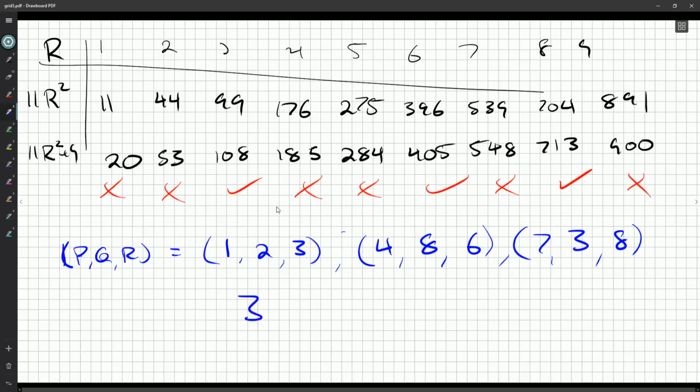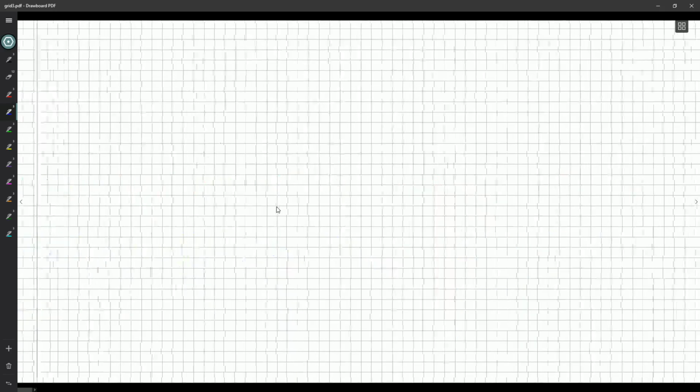Okay, so that's 3 more. So what's our total? 4032 plus 3 more is 4035. That is our current running tally.